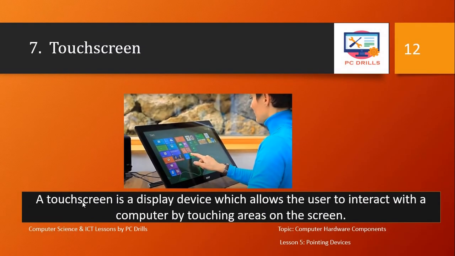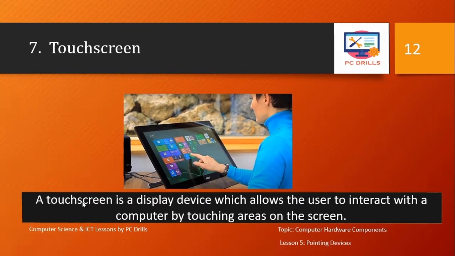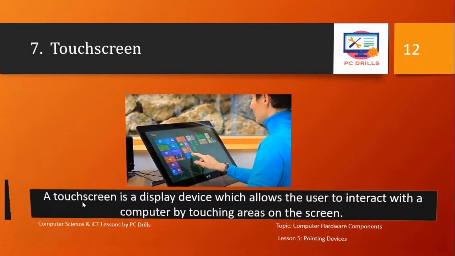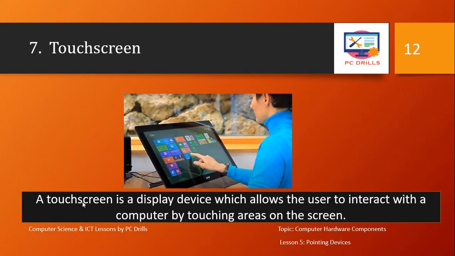Next, we have the touchscreen. For the previous one, the touchpad, you have a particular area that you navigate. But for the touchscreen, you touch directly on what you see on your screen and the screen just works. So if you see a photo that you wish to view, just touch that photo on the screen and it opens up.